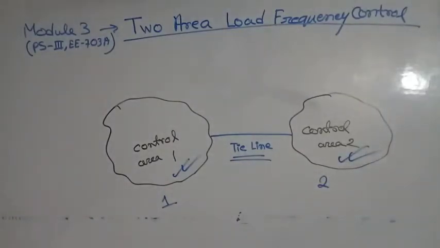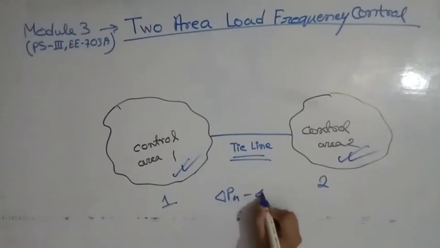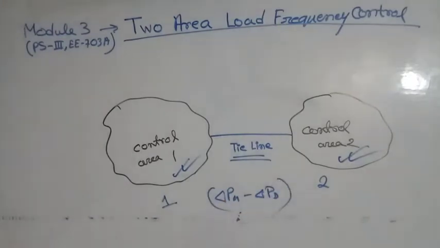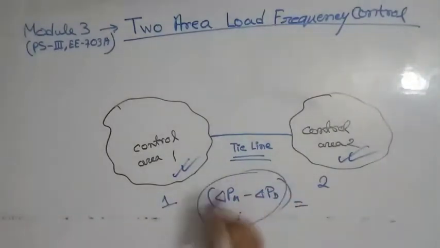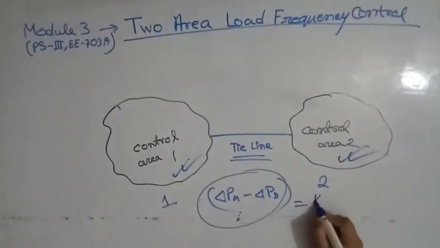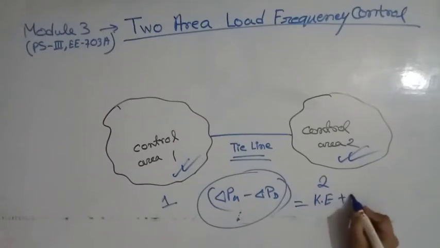Now, in an isolated control area case, the incremental power, that is total generation minus total demand, was accounted for by the rate of increase of stored kinetic energy and the increase in area load caused by increase in frequency. In a single area load frequency control, this incremental power increases the kinetic energy and load.